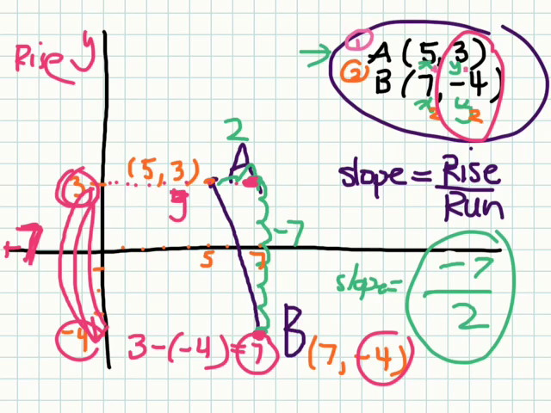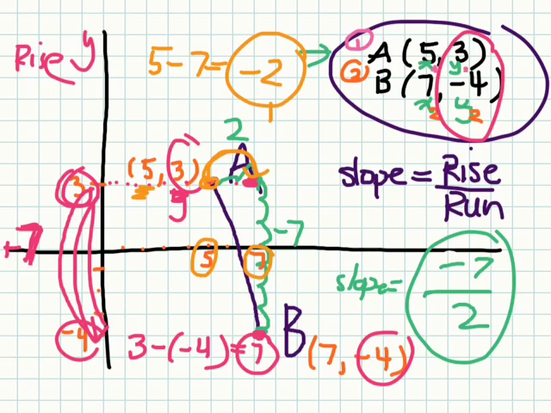The run, okay, the run goes from where? Looking at our x values, let's say I start here, 5. The run goes from here to here, which is from 5 to 7. To find the difference between those two, I can do 5 take away 7, which is what? Which is -2.